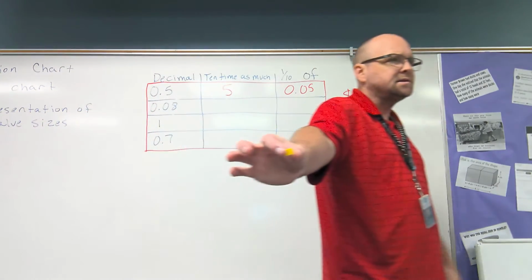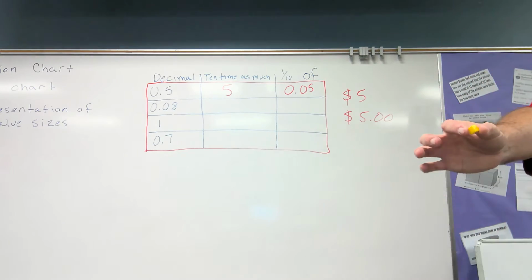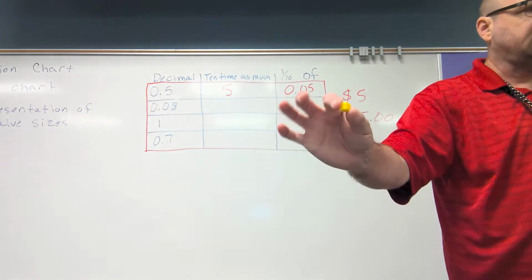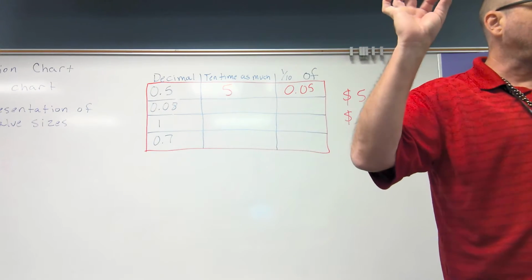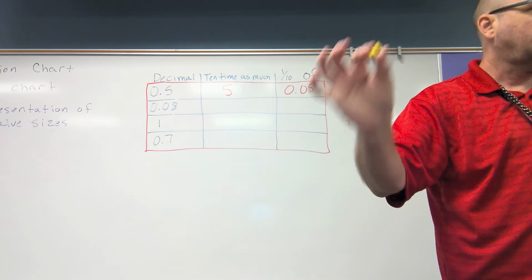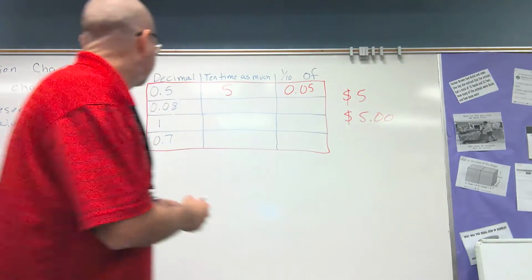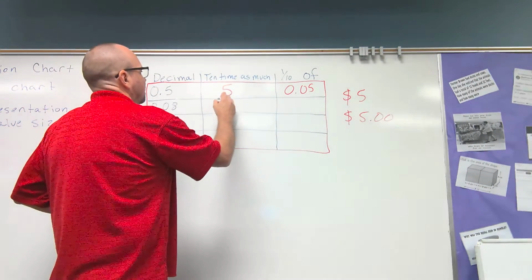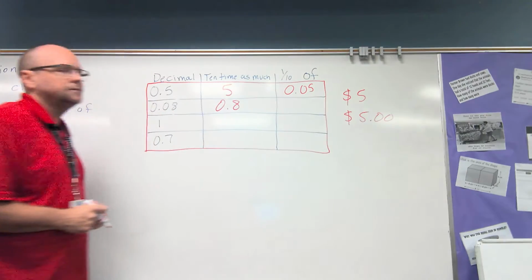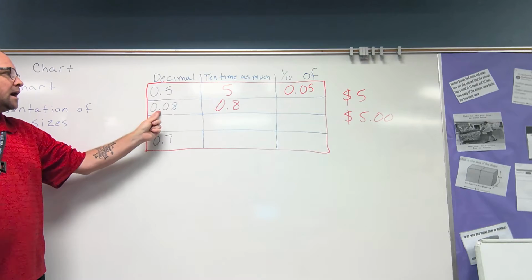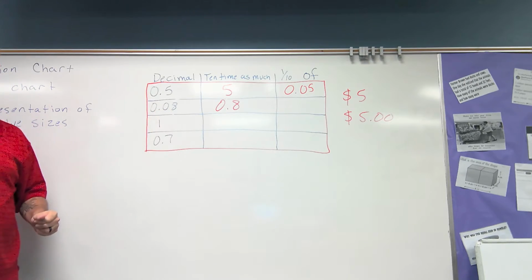I want to make it what kind of number? Bigger or smaller? Bigger. So if I took 8 of these and multiplied it by 10, I would have how many of these? 80. I would have 80 hundredths, which is the same as saying 8 tenths. Again, multiplying by 10, I just move the decimal point one place to the right.